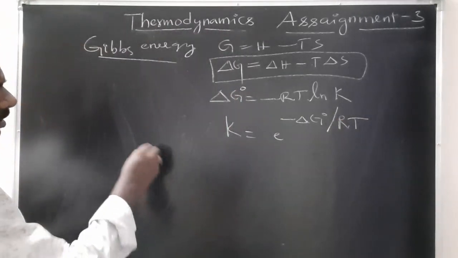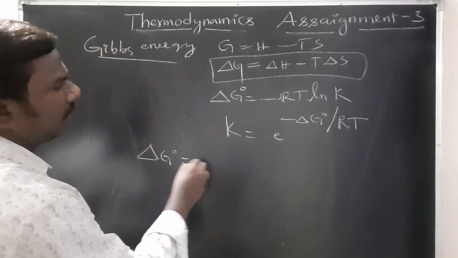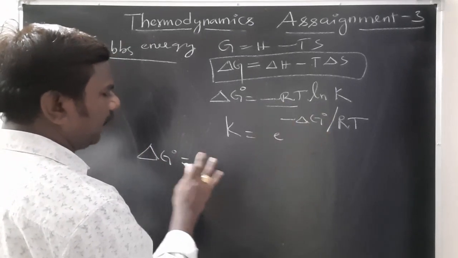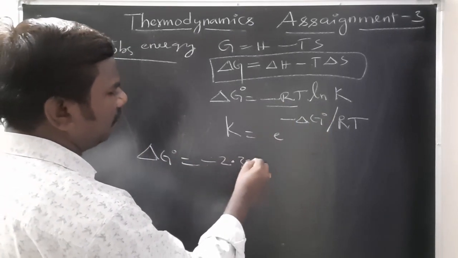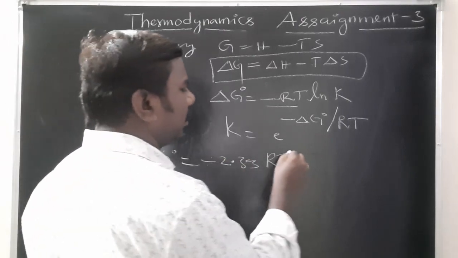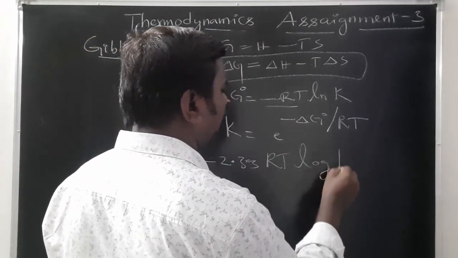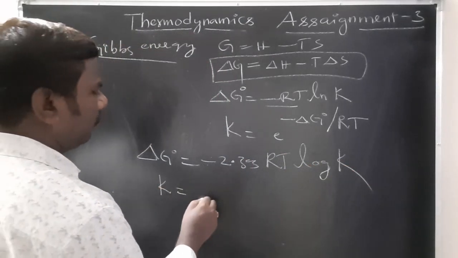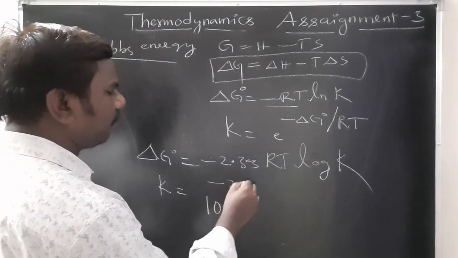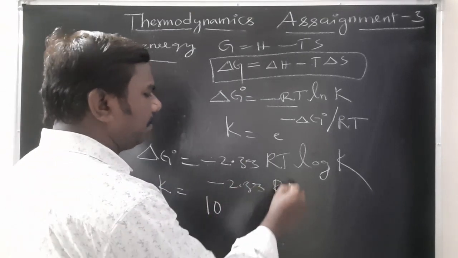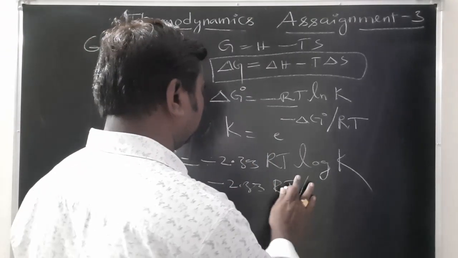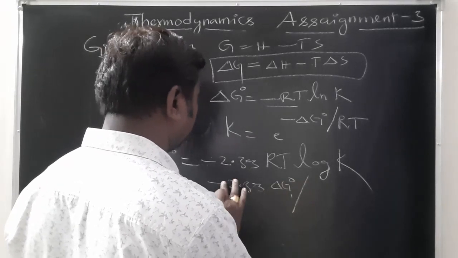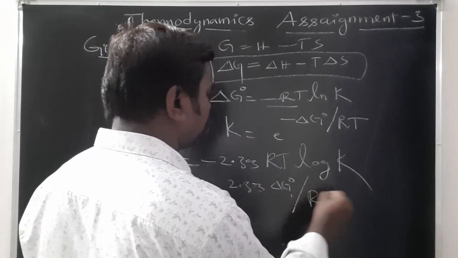You can take it as delta G naught is equal to, instead of ln, I would like to take logarithms, minus 2.303 RT log base 10 K equilibrium. Then K is equal to 10 power minus delta G naught by 2.303 RT.